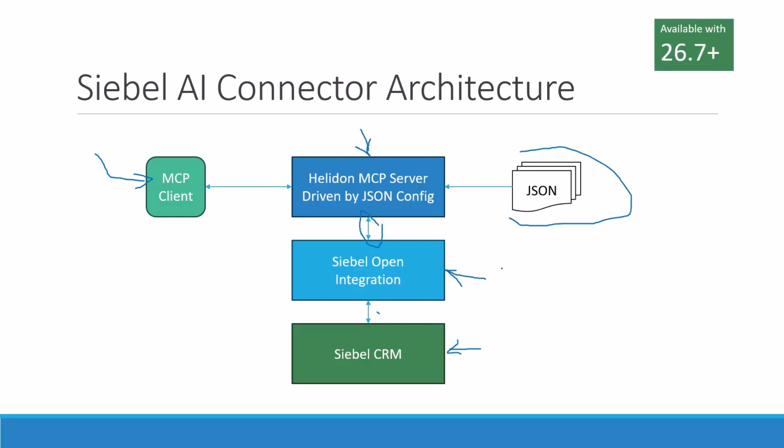Okay, for now. Yes, for now. So you have to get that license for Siebel Open Integration. Then you can use, for now, the AI connector on top of it. That's correct? That is correct. Yeah.